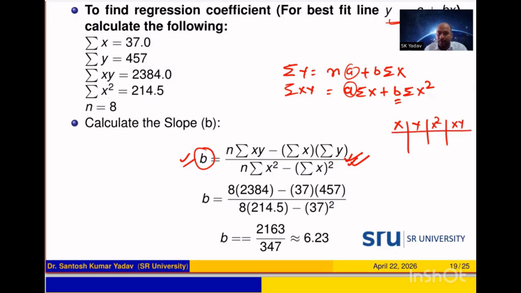Okay, so either you follow the normal equations and then solve using a calculator, or if you don't want to use a calculator for solving the equations, you can directly write b equal to this and then use the calculator for the simplification. So that's another approach. So b here I obtain by these calculations, which you can do yourself and verify. So b I obtained as 6.23, which is the slope of the line.